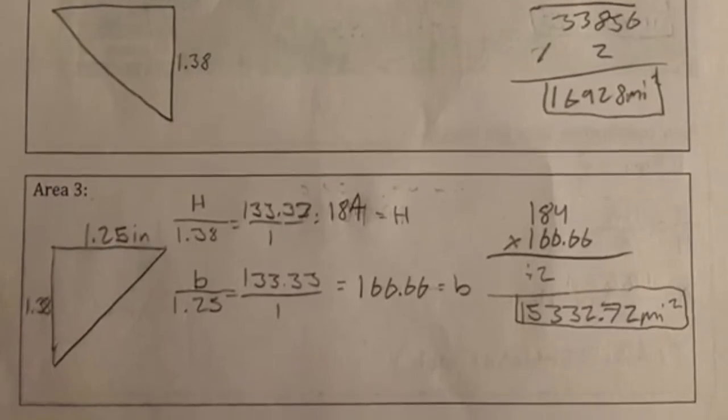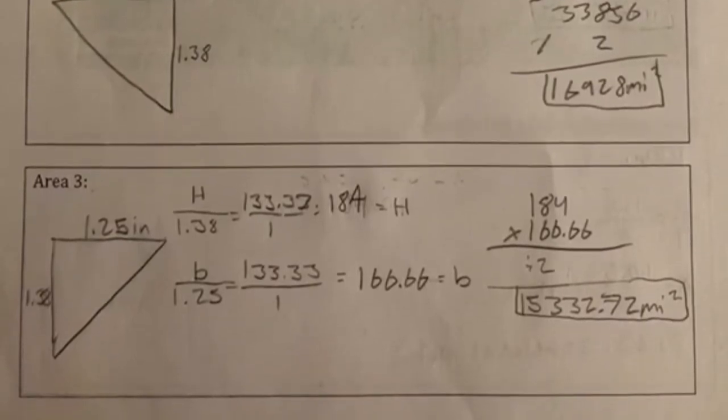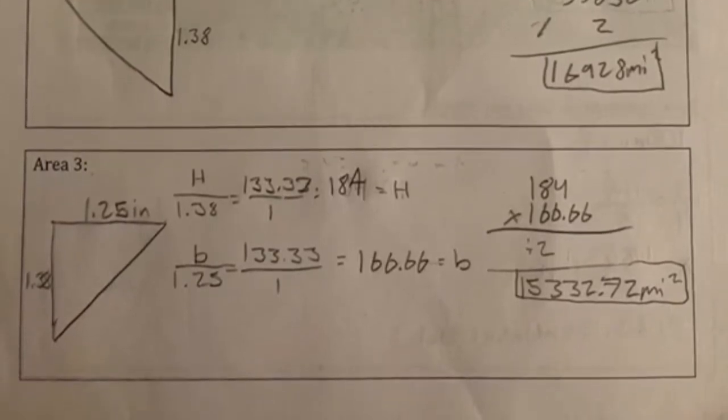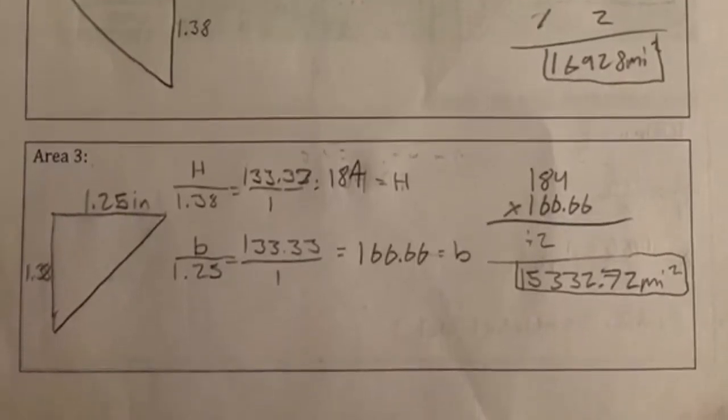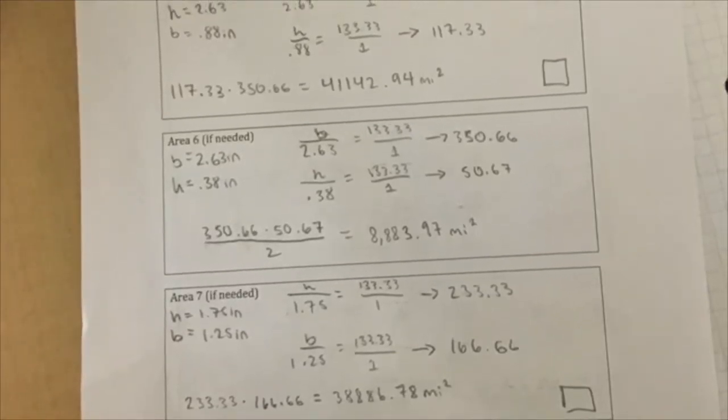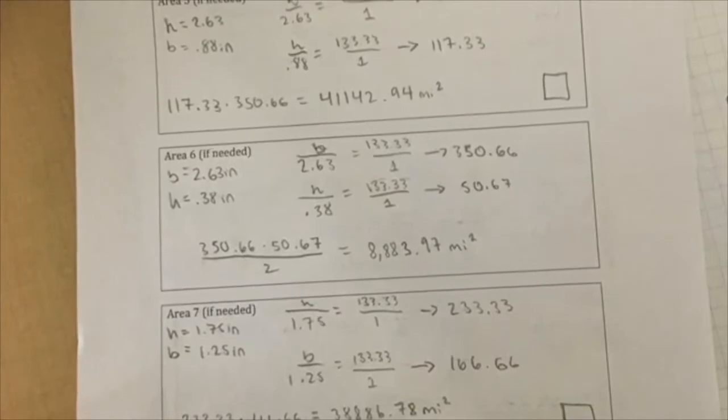Cross multiply and put that in your calculator and you get 166.66 equals B. 184 times 166.66 divided by 2, because it's a triangle, equals 15,332.72 miles squared.